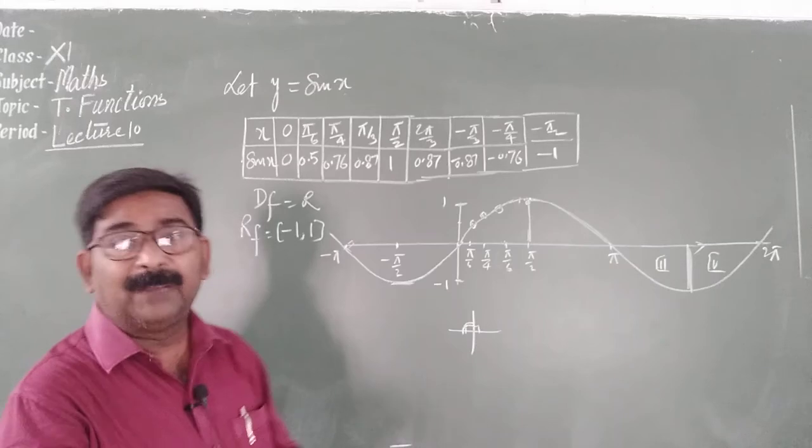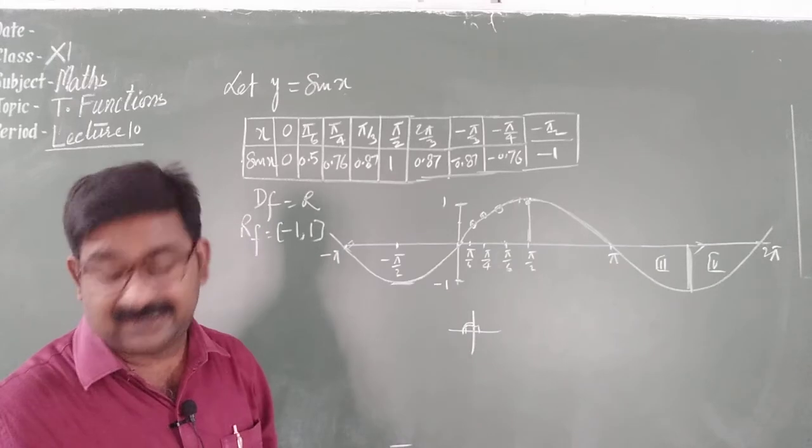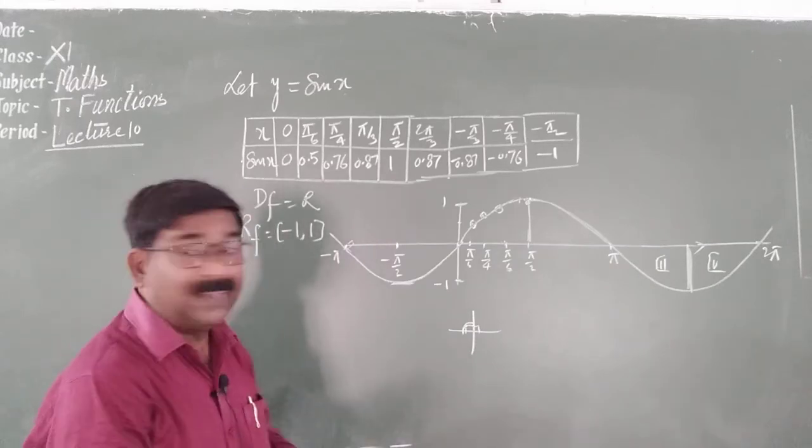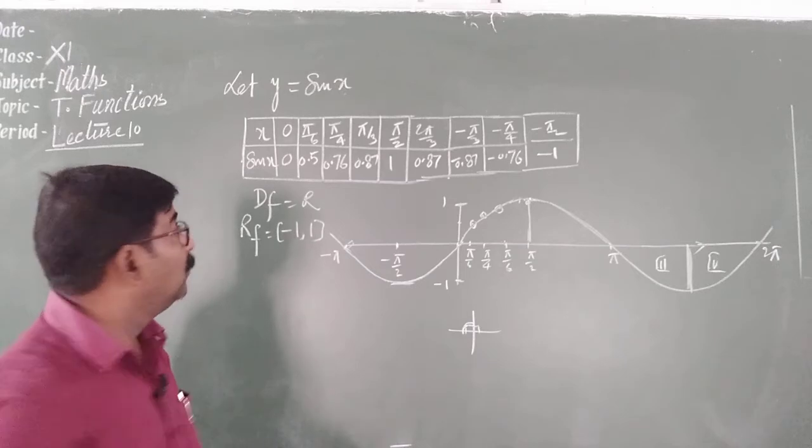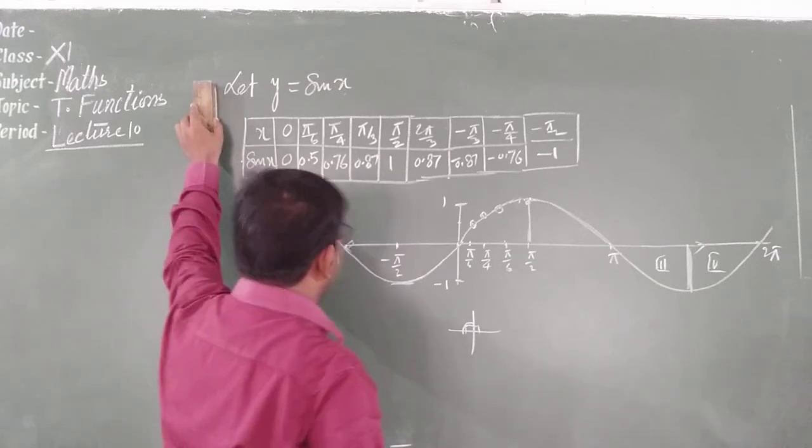Similarly, we can plot the graph of cos x. What is the difference between sin x and cos x? Since the range and domain are both the same for sin and cos, let me show.